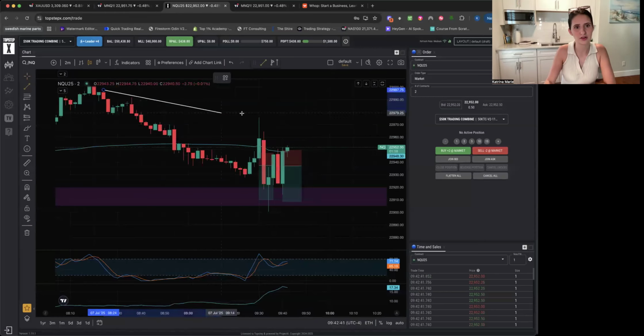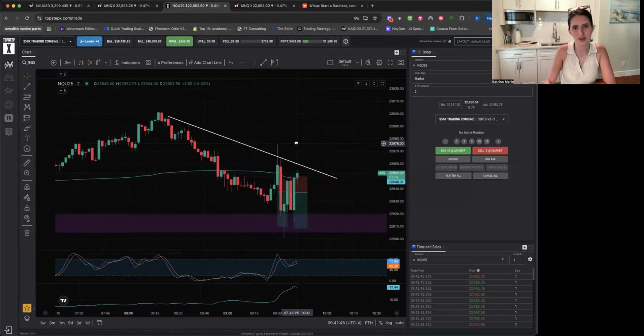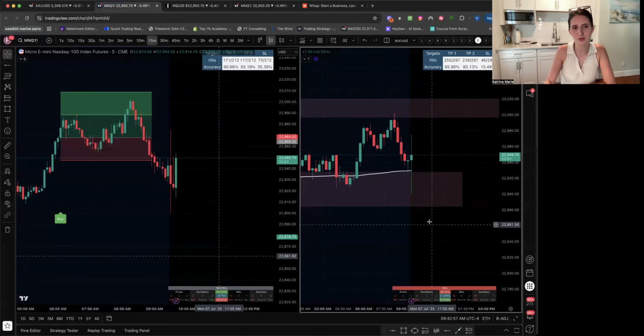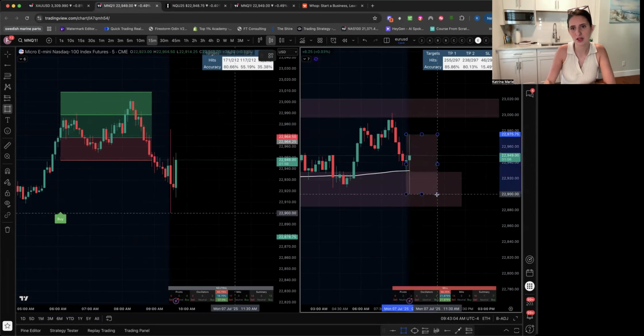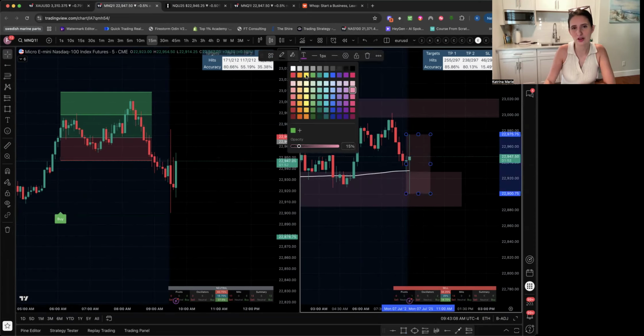With that being said, trend is your friend. What's the 15-minute chart showing us? We got 2 minutes left, and that's a huge opening range. We got right here and here. So we're going to change the color.